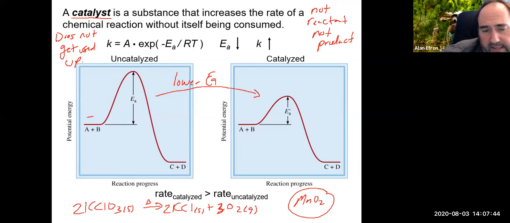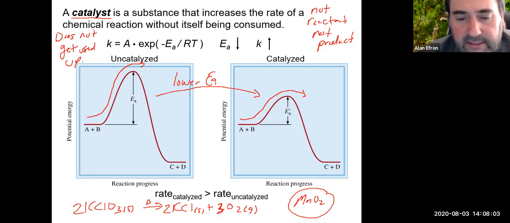basically determines how fast a reaction will occur. If we're doing the reaction on the left here, which is uncatalyzed, they've got to go all the way up and over this hill to get to the other side. While if we throw a catalyst in there, obviously it's a much smaller hill to climb to get to the other side, and thus the reaction would occur a lot faster. So what we see is that the activation energy will typically come down in a catalyzed reaction.